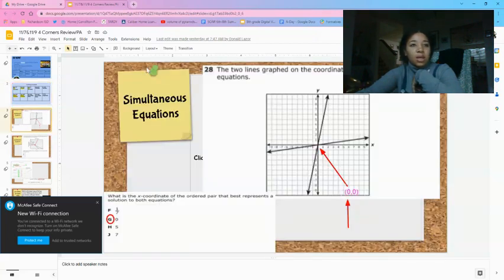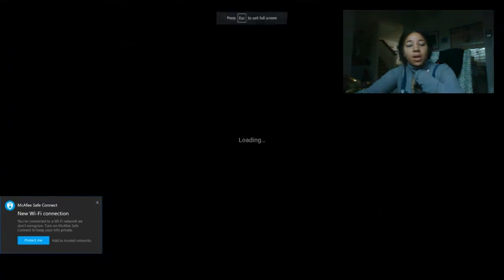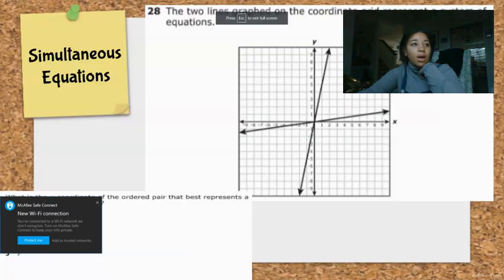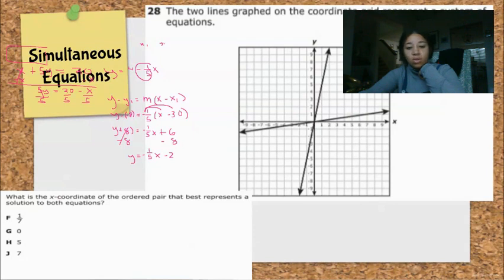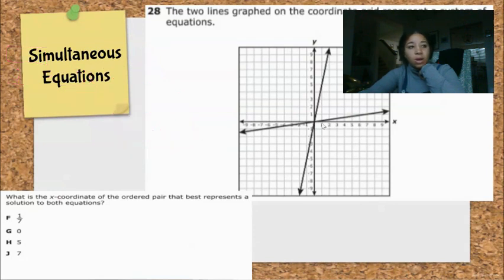All right, so simultaneous equations. Let me make this nice and big so that you can see it. The lines graphed on the coordinate grid represent a system of equations. What is the x-coordinate of the ordered pair that best represents a solution for both equations? So you need to identify where these two lines cross. And that would be here, and that would be the origin.